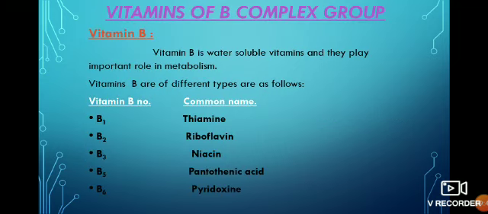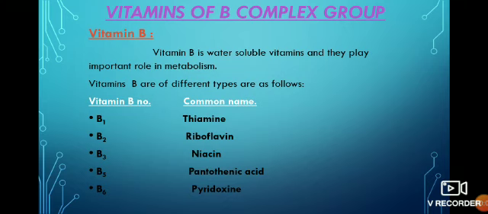Now comes vitamin B, which is a complex of many vitamins according to their numbers. Vitamin B is a water soluble vitamin and plays a most important role in metabolism. Vitamin B along with their numbers and common names are here.